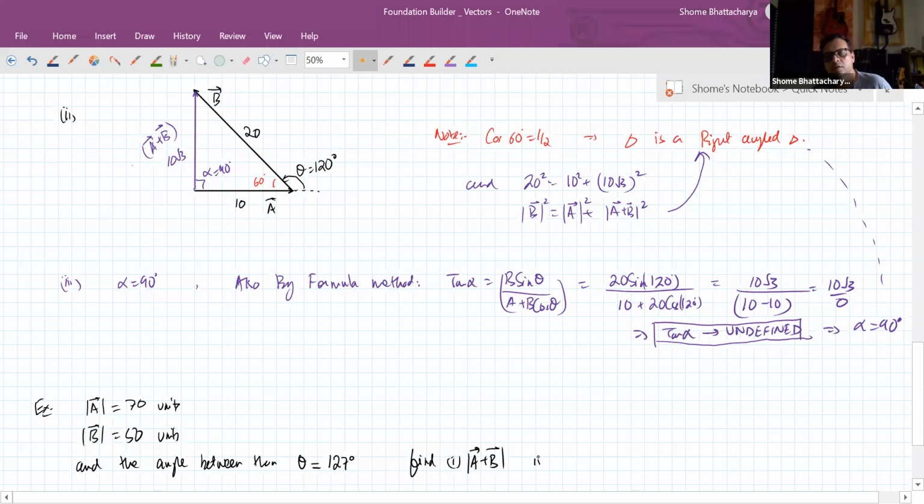And the angle alpha between A plus B and the vector A. So just try this out.